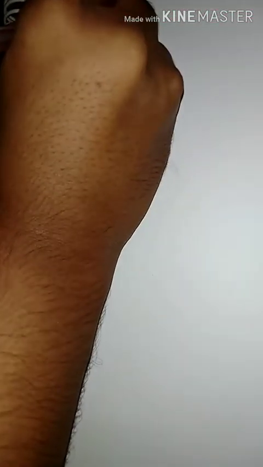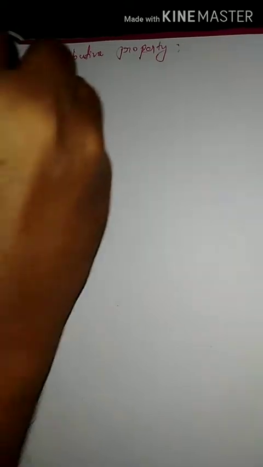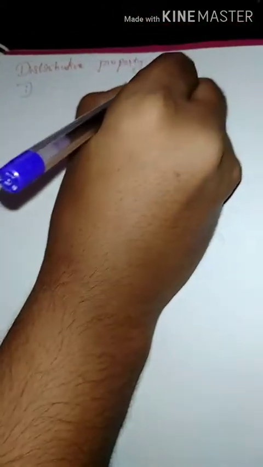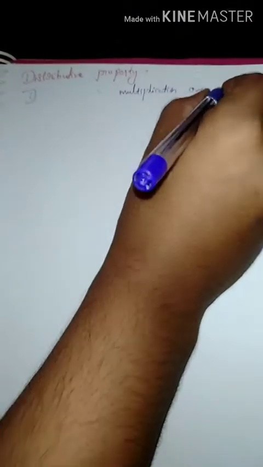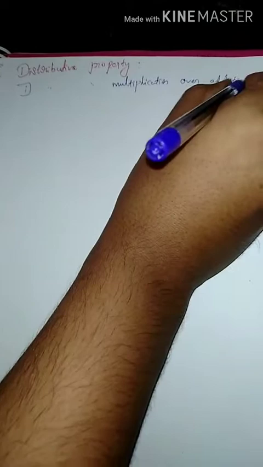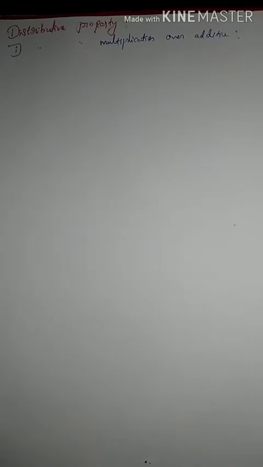And next, the distributive property. First, distributive property, multiplication over addition. Here there are two cases, one is multiplication over addition and another one is multiplication over subtraction.